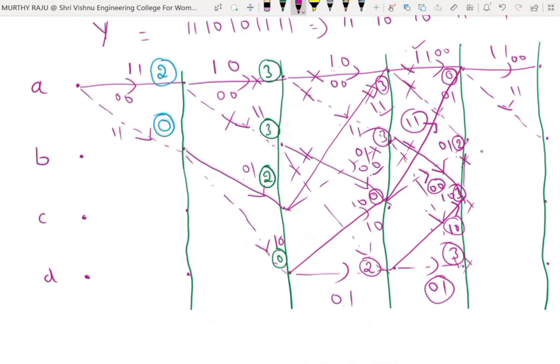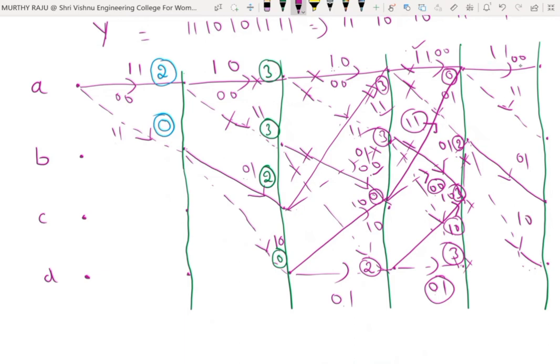Suppose 2 is not discarded. Here B to C value is 0 1, and B to D value is 1 0.